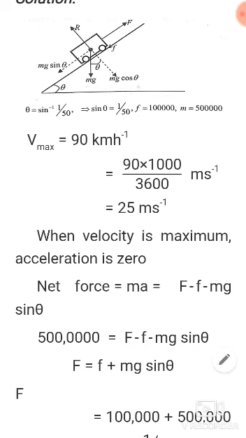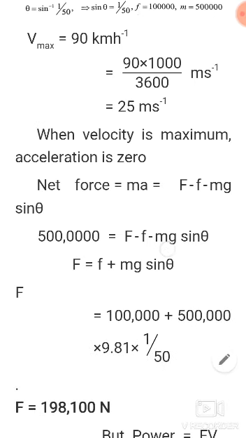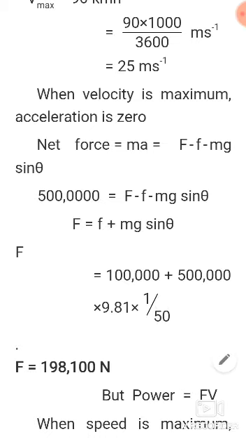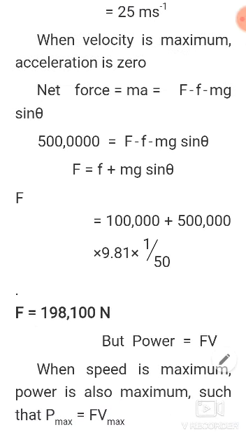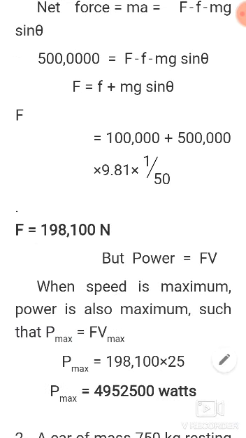Then you know that the net force, or you can call it the resultant force, is given by ma, mass times acceleration, the mass of that train times its acceleration. So when you substitute everything, you'll have the driving force as 198,100 newtons. Then if you have the driving force as that, you know power is Fv.